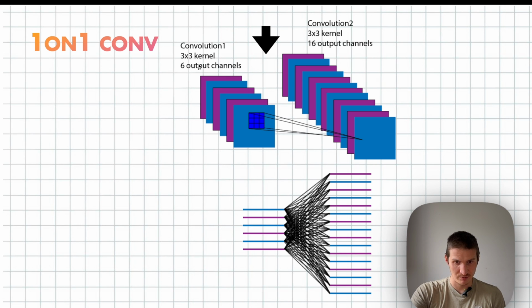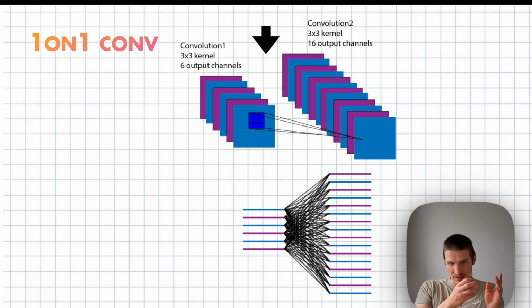And this is 3 by 3, right? So if you turn this into a 1 by 1 convolution, it will have this small 1 by 1 receptive field, but it will still have loads of connections that connect various channels to each other. So you can think of one by one convolution as something that does not propagate spatial information, so it does not connect neighboring pixels to each other, but instead it just increases the complexity of the function being performed on the image, in similar terms, as just a dense layer, right?